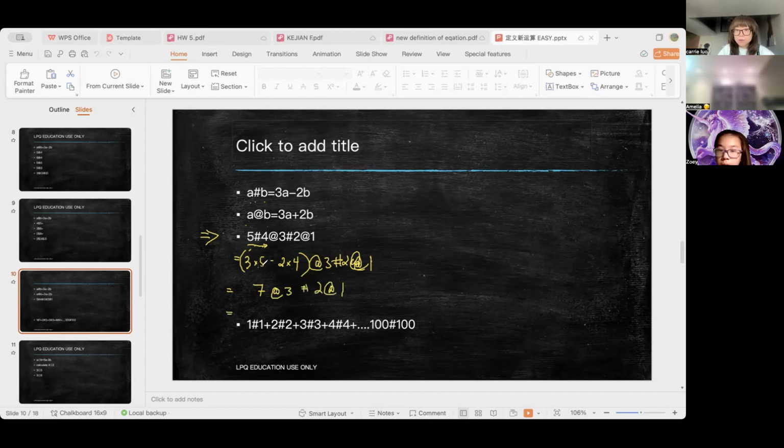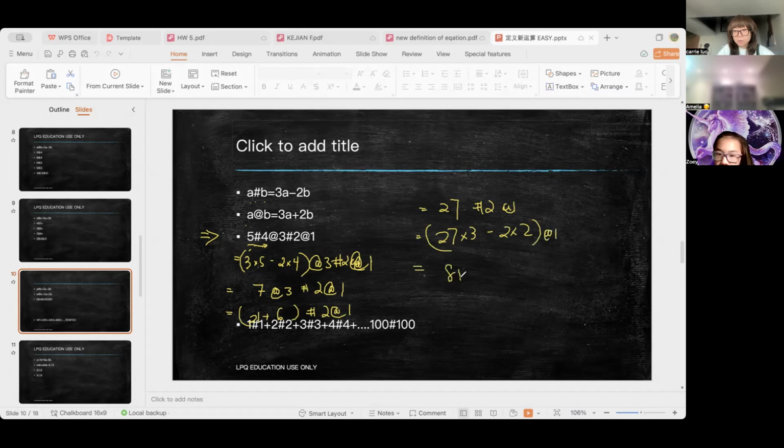Understand? Okay, so let's do this one. So 21 plus 6 and 3 pound 2 at 1. So it's 27 pound 2 at 1. Okay, so equals 27 times 3 minus 2 times 2, and at 1.